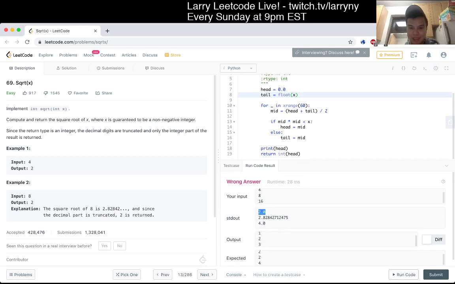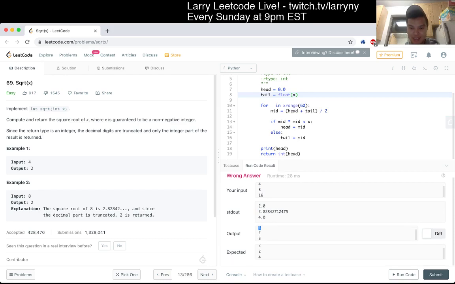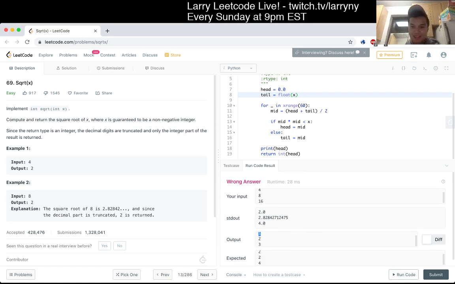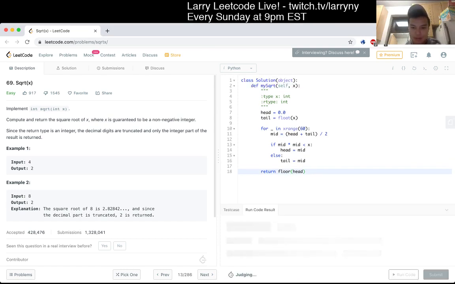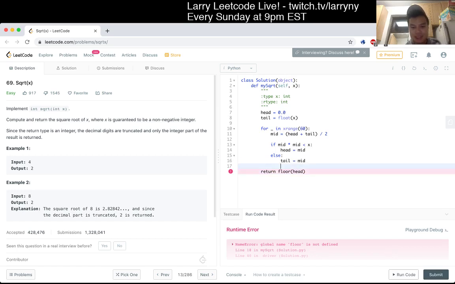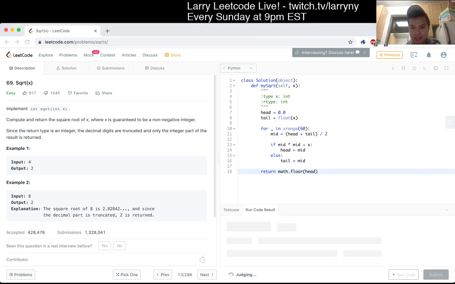Why is this int 2.0? There's something nuanced about Python that maybe I don't know. Oh, Python 4. And then I converted to int.